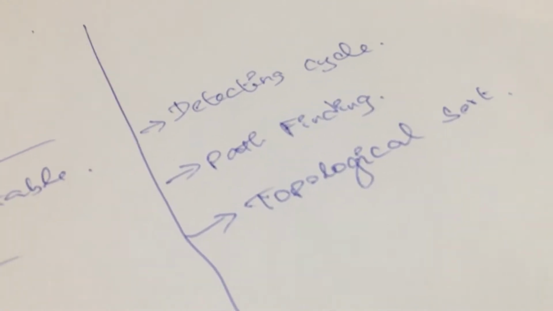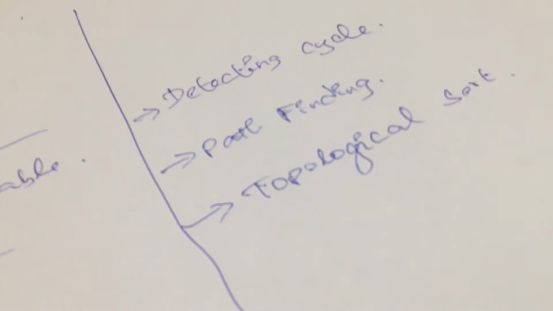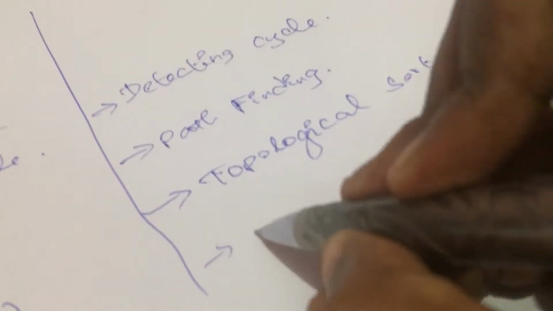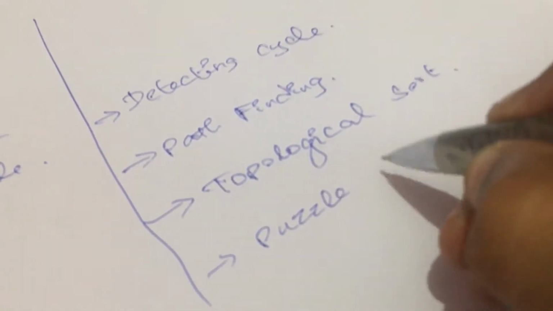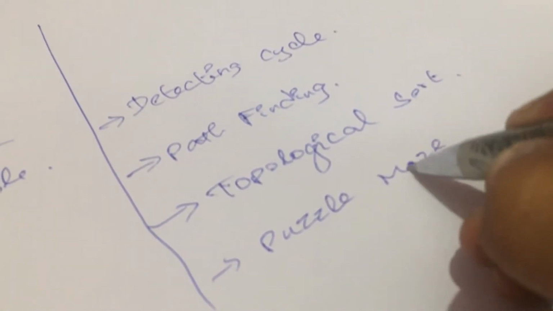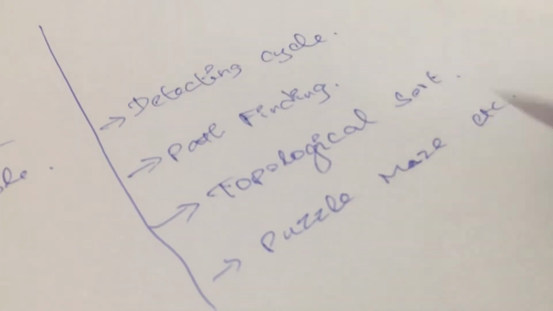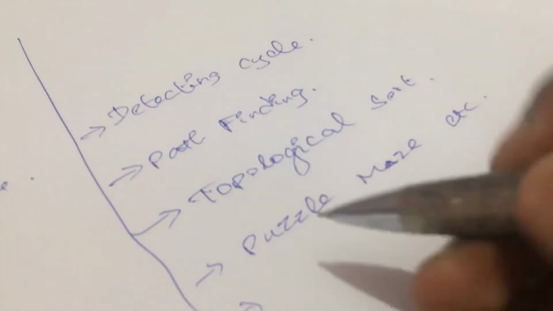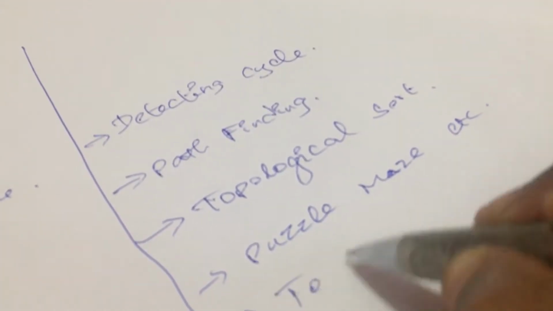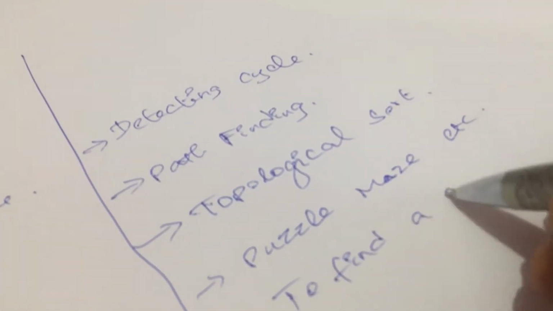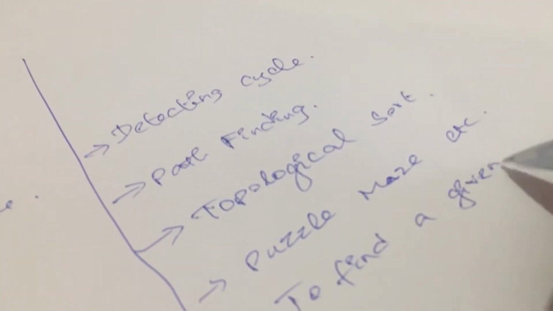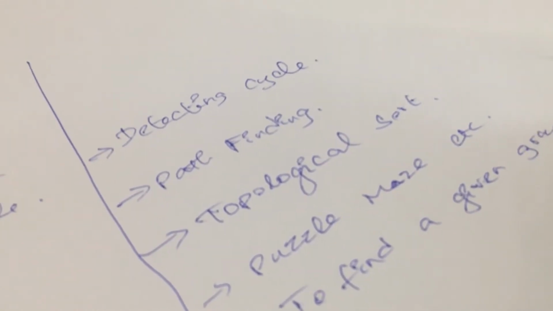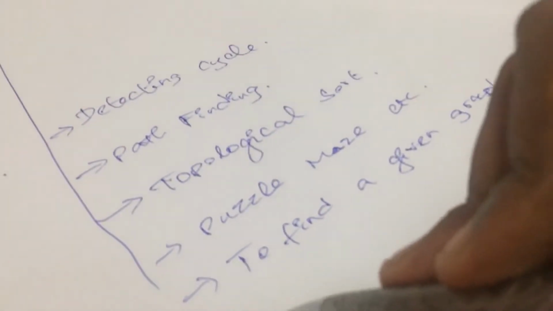For puzzle problems similar to a maze, we will use the DFS technique. Followed by which we can find whether a given graph is bipartite.